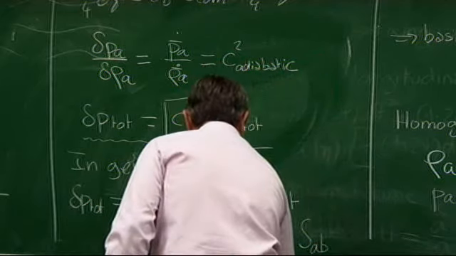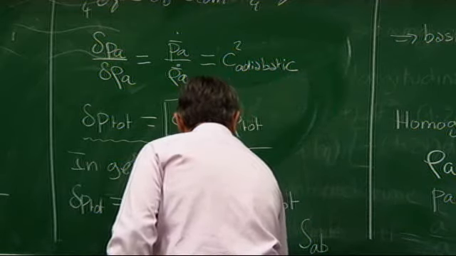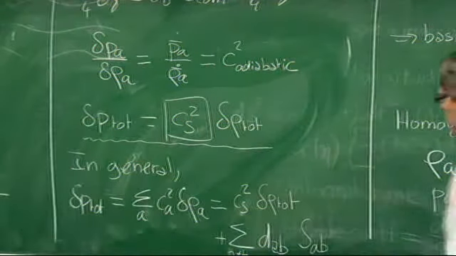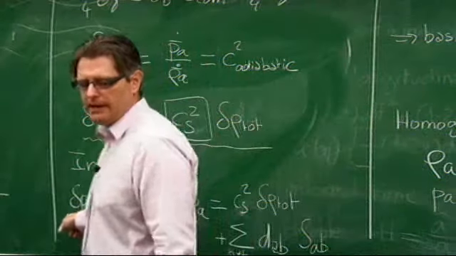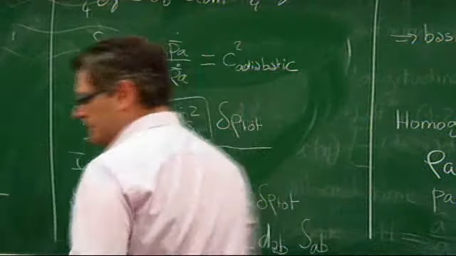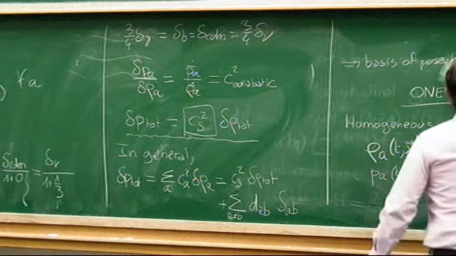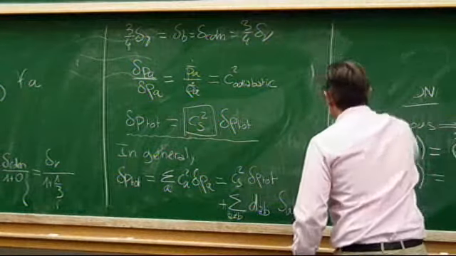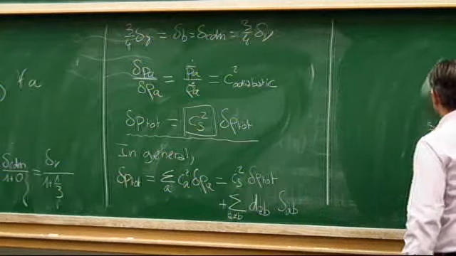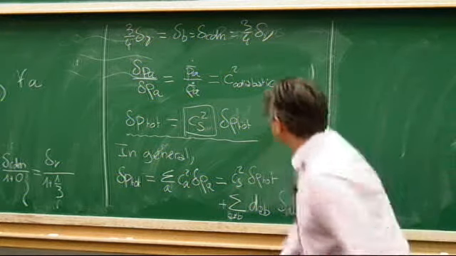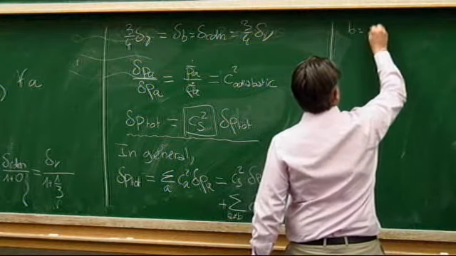And the sum runs over all A different from B. This is formally how I can write delta P tot in general, by expanding over all degrees of freedom in the fluid. So here we have arbitrarily chosen a reference fluid with an index B. We could choose any of them. So B is the index of a reference fluid.